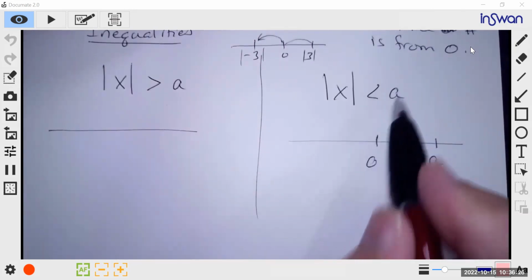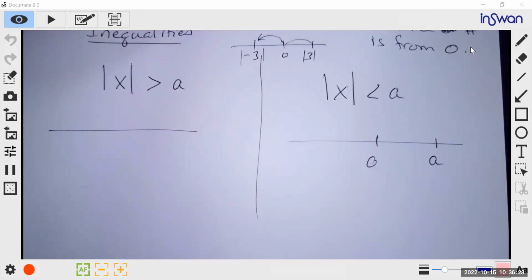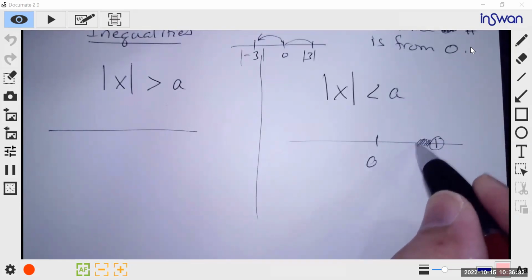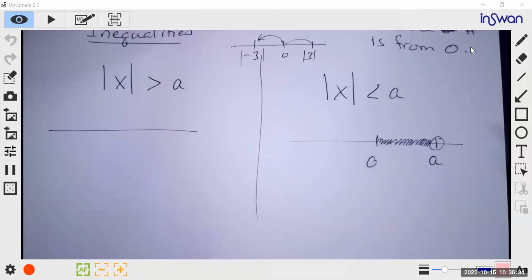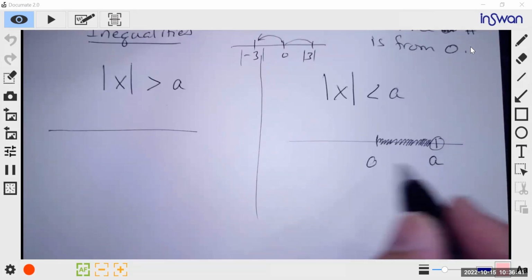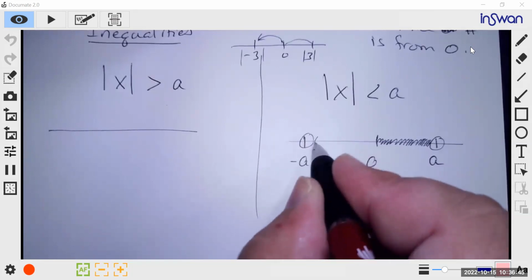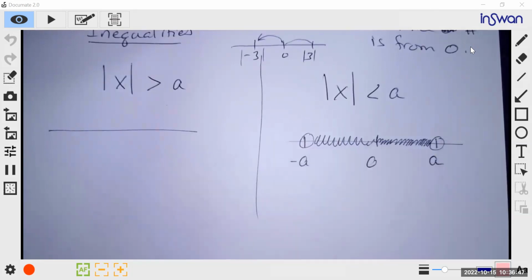If the absolute value of x is less than a, that means it's going the distance from 0 to a. It's going from a down to 0. That means the same thing has to happen from -a towards 0.